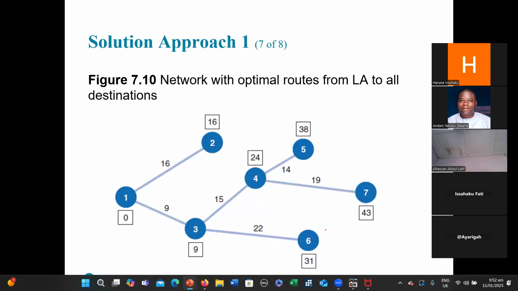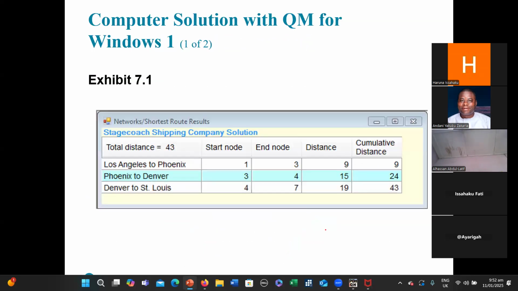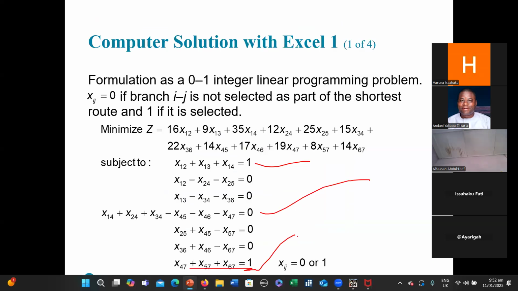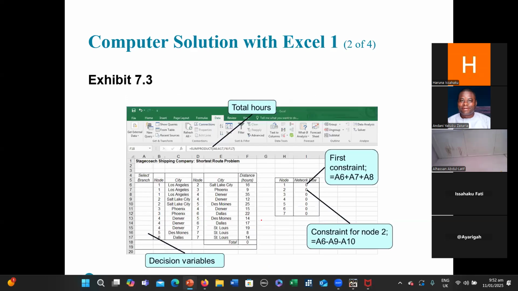What goes in there must be equal to what goes out there. So 1, 2, 3 goes to node 4. Node 4 moves to 4, 5, 4, 6, and 4, 7. Okay. So basically, that is how you specify the model.